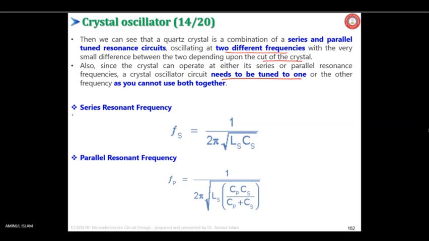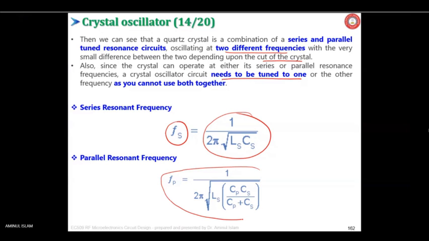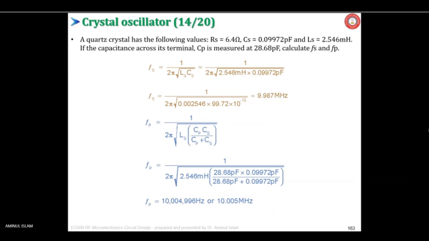Okay. Series resonant frequency is given by this equation: Fs equals 1 upon 2 pi square root of Ls Cs, and parallel resonant frequency is given by this: Fp equals 1 upon 2 pi square root of Ls within parentheses Cp Cs by Cp plus Cs. Some values are given here for finding the series and parallel frequency values.